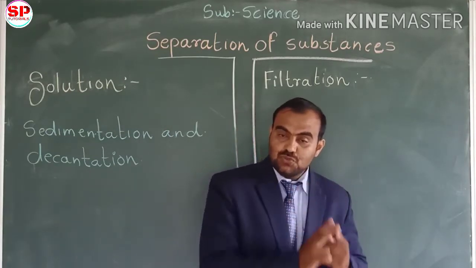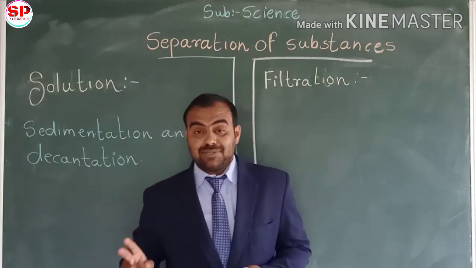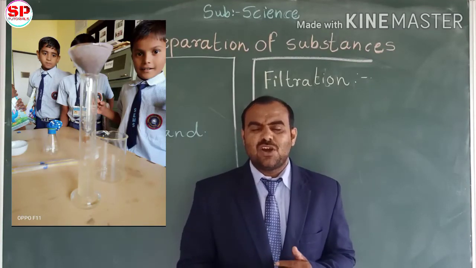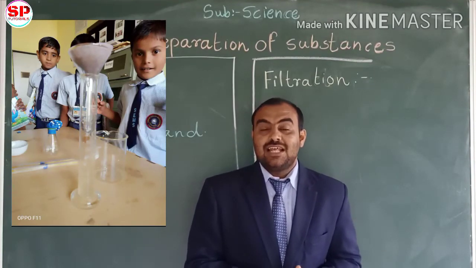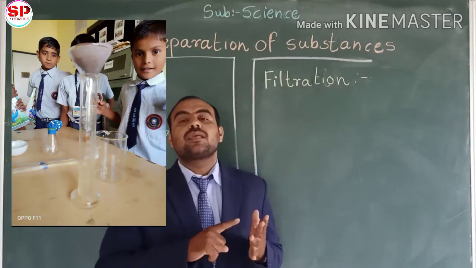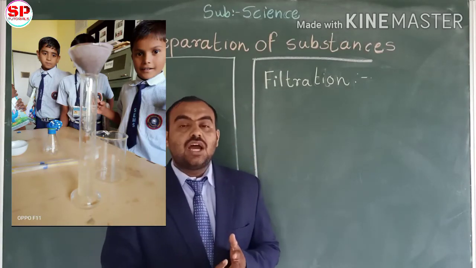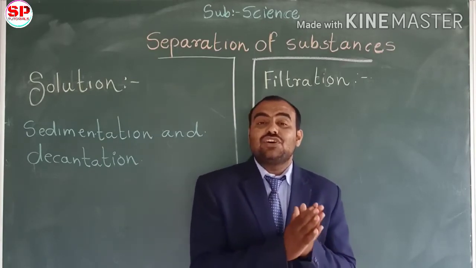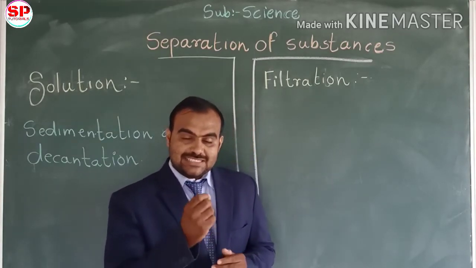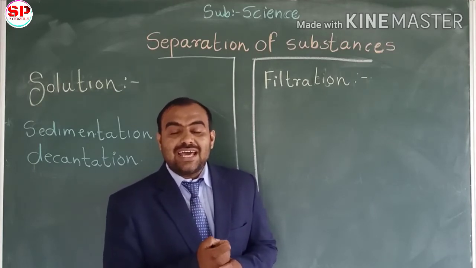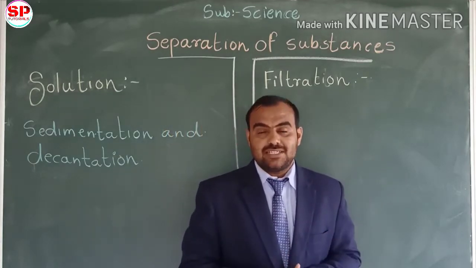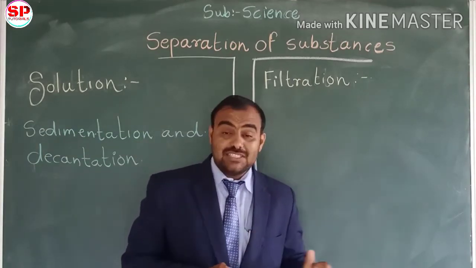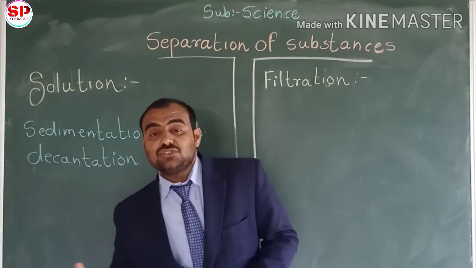Filtration means two substances are separated by using various devices or instruments like filter paper, muslin cloth, or a strainer. But there is one condition, that the strainer's holes must be smaller than the solid particles. Only then do the solid impurities get separated from the solution.